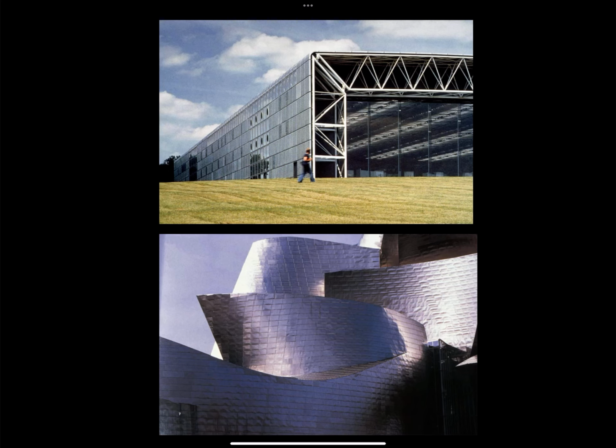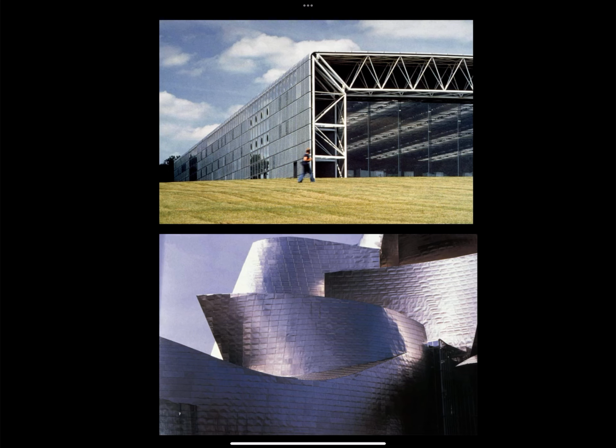The composite panels of the Sainsbury Centre are rigid and they span 6 feet from subframe to subframe. The titanium panels of Bilbao are super thin and flexible and need a continuous substrate of galvanized metal sheet, galvanized steel sheet, to support them.